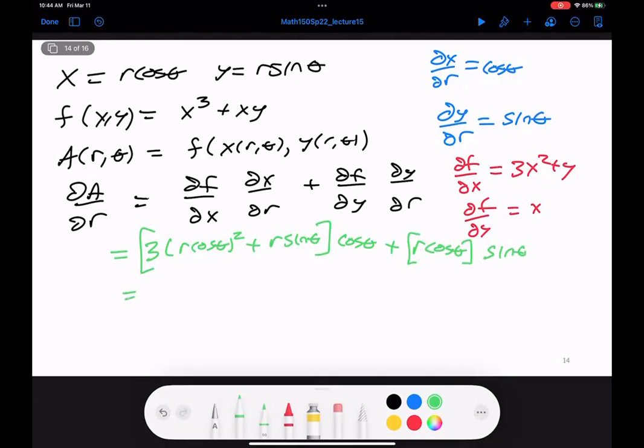And so we get 3r squared cosine cubed of theta plus we have r sine theta cosine theta plus r cosine theta sine theta, so plus 2r cosine theta sine theta. Do we agree?